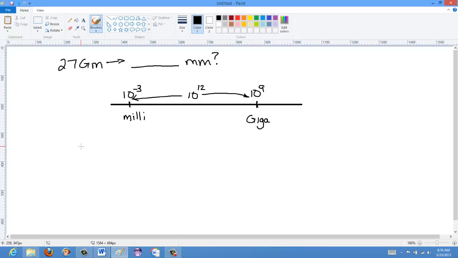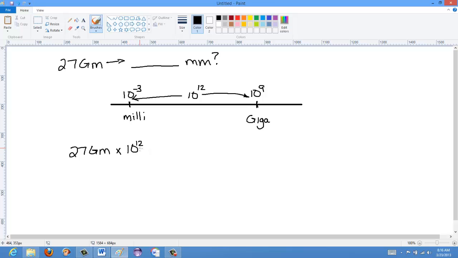So if I have 27 gigameters, now I have to decide if I'm going to multiply or divide. I'm going to multiply, and I'll explain why in just a moment. So times 10 to the 12.